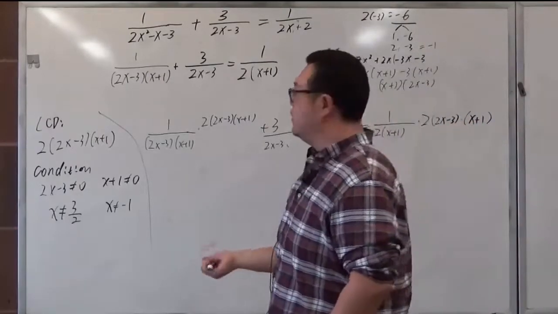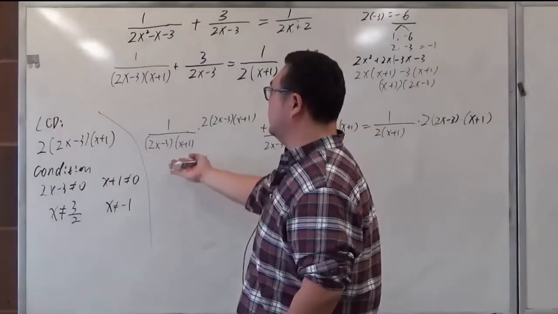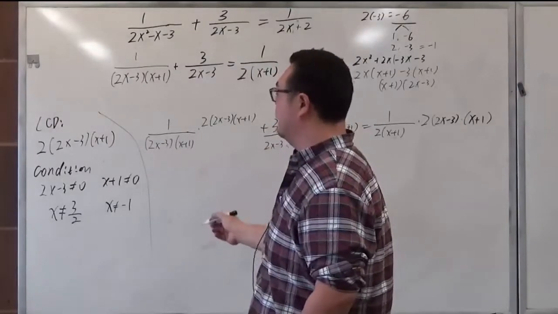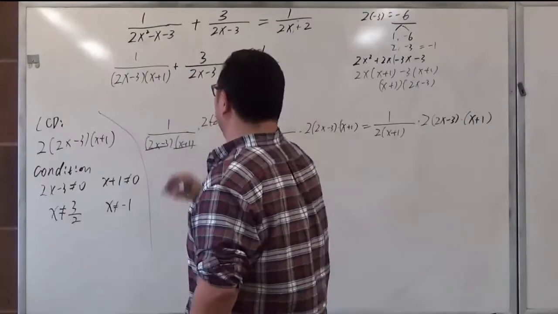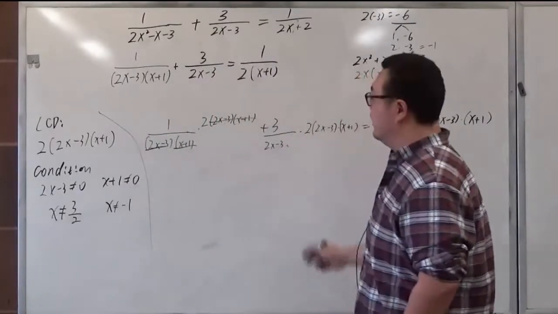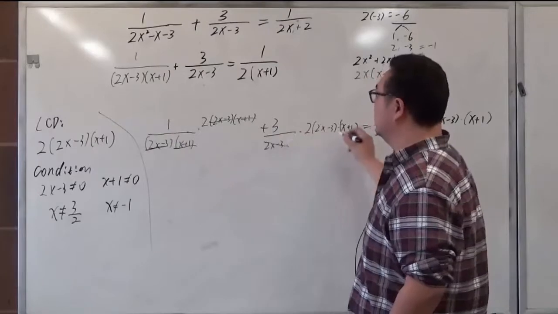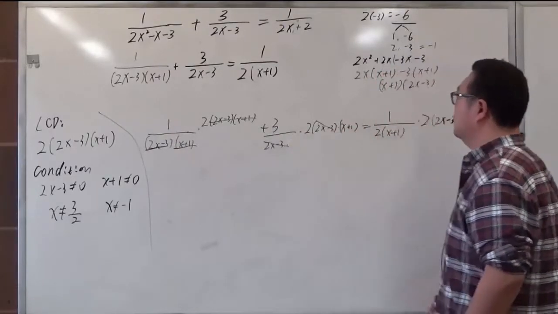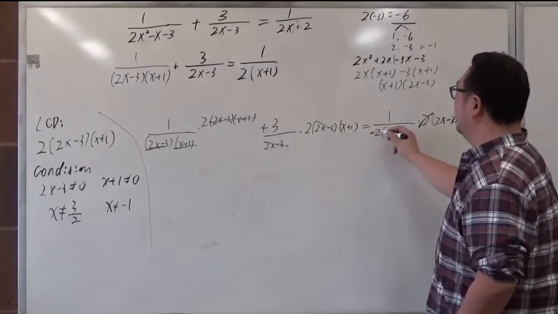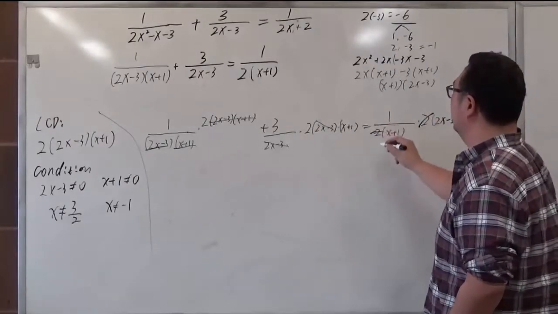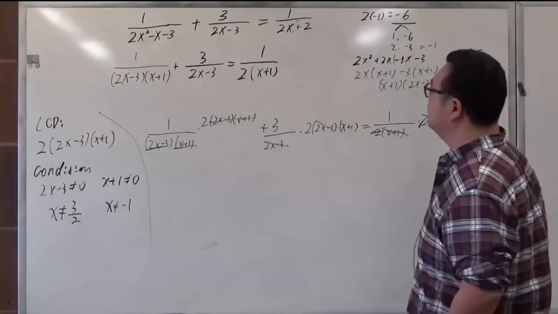After we multiply, we cancel out the denominators and see what is left over. On the first term, 2x minus 3 and x plus 1 cancel. On the second term, 2x minus 3 cancels with the top. On the third term, 2 and x plus 1 cancel.